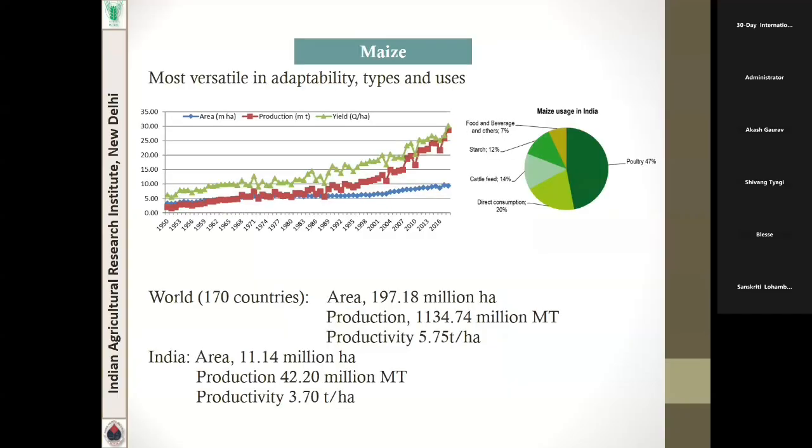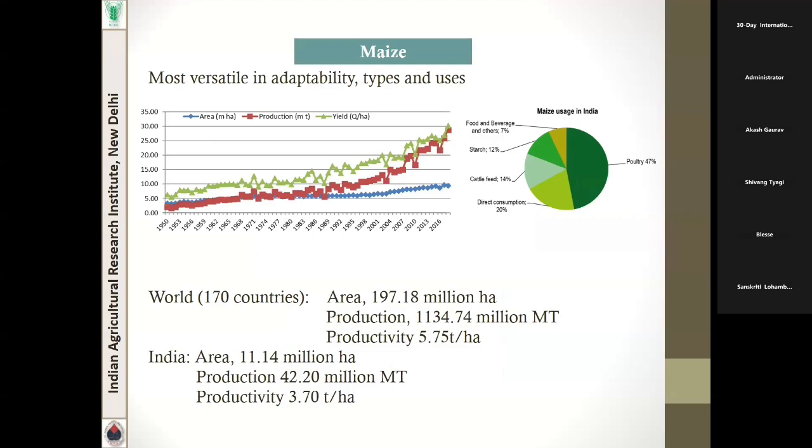Maize, all of you know, is one of the important cereal crops after wheat and rice. It is extensively grown in India, covering approximately 11 million hectares, with a productivity of 3.7 tons per hectare.